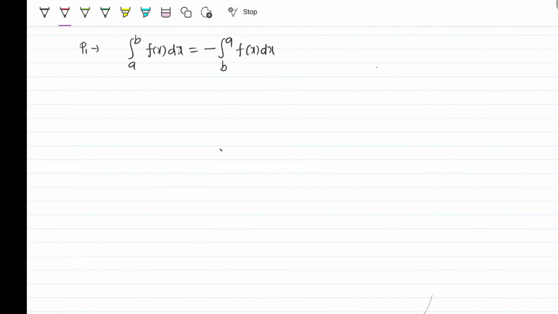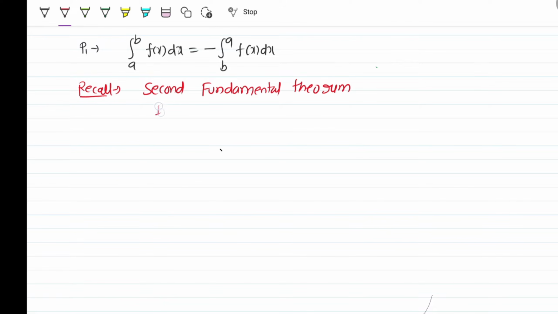So to prove this, we will use the second fundamental theorem of calculus. So what is that? Just recall the second fundamental theorem.